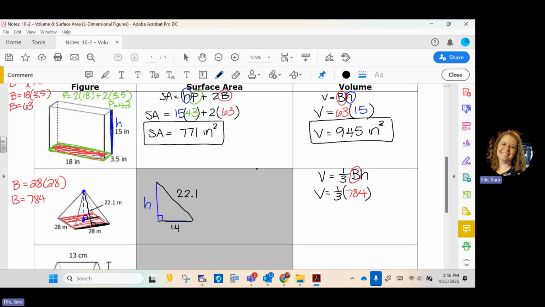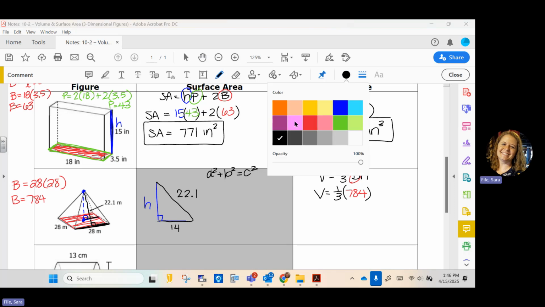Now we just tested in Unit 9 about finding the missing side of a right triangle, didn't we? What can we use to find the missing side of a right triangle? Pythagorean theorem. A squared plus B squared equals C squared.